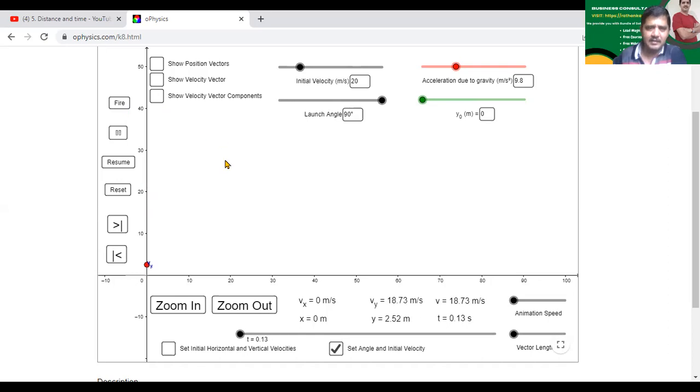Fire it once again. 20.4, 20.41. Say 20.4. Do I have space for this?